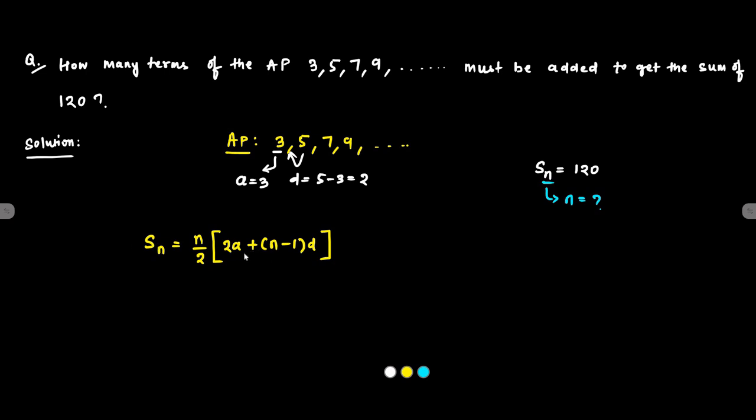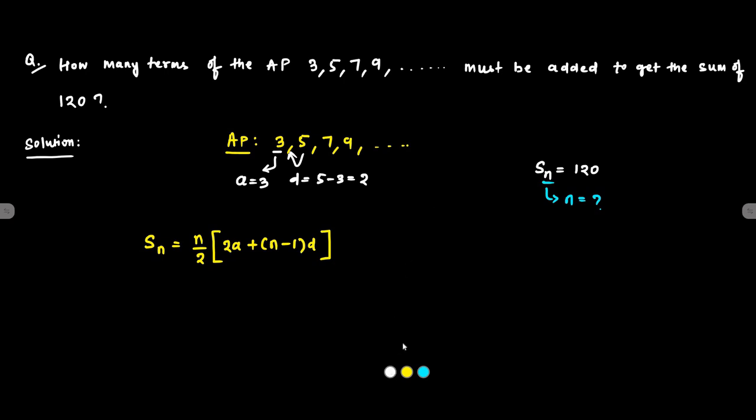We'll be using this formula, not the last term one, n by 2 into a plus l. That is not applicable here because there is no information about the last term. Here we have information related to the first term and the common difference. We want to determine the number of terms. So this is the appropriate formula.